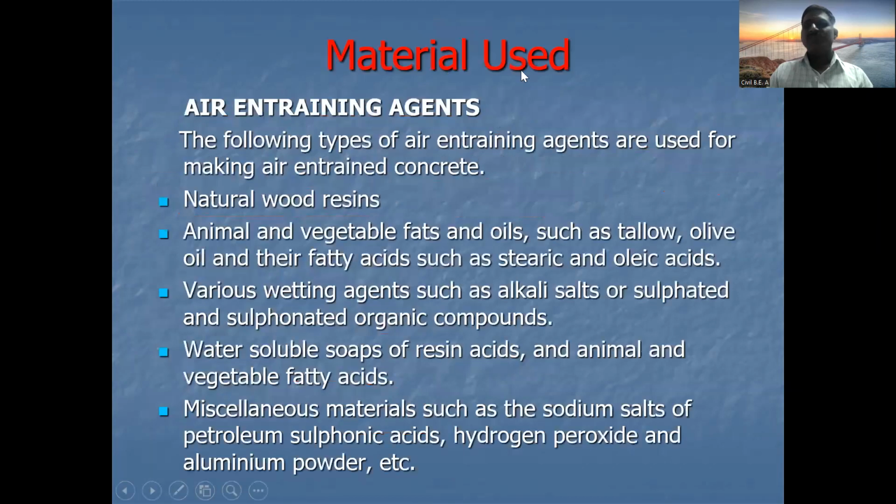So what materials are we using in the concrete? Generally these are the following materials we are using for making air entraining concrete. Natural wood resins we are using for making the air entraining agent.